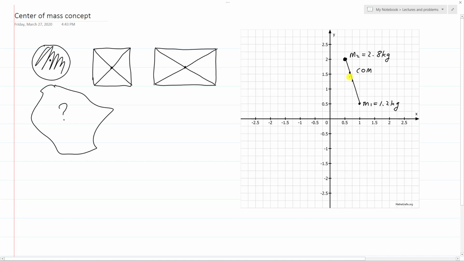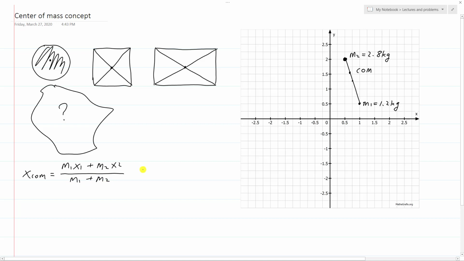So for the exact calculation, let's put down the center of mass calculation. There will be an x center of mass, which is equal to m1 x1 plus m2 x2 over m1 plus m2.